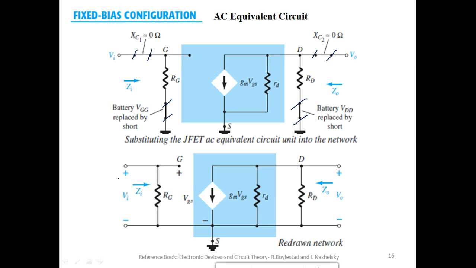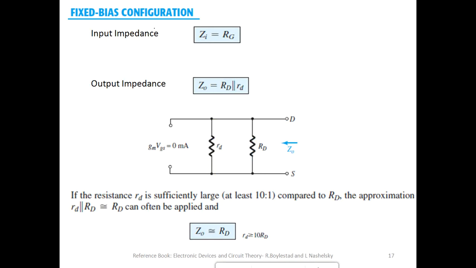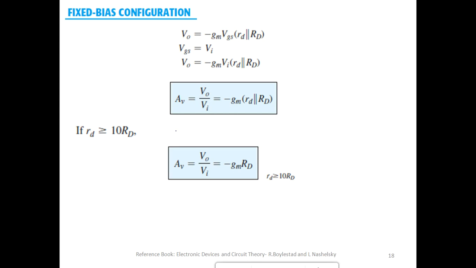So when you do that, that is the simplified redrawn AC equivalent circuit. Then the input impedance Zi equals Rg, Z0 equals Rd parallel to small rd, and we have also looked at this particular condition. Then the voltage gain expression.